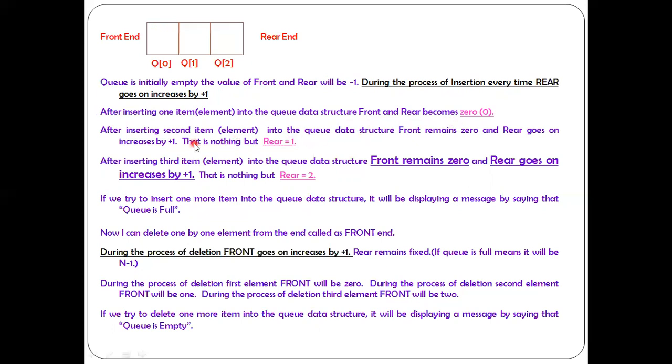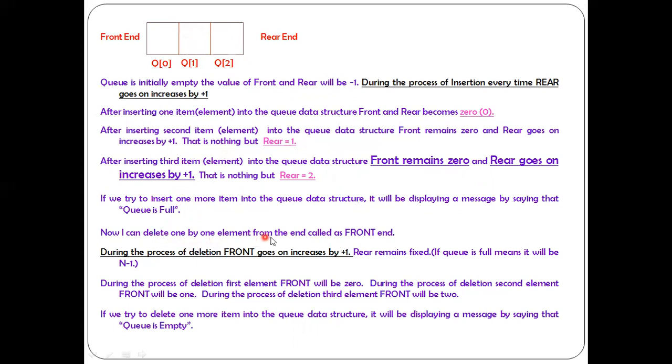Next, after inserting a second element, front remains 0 and rear increases by +1. Again, if you try to insert one more item, rear becomes 2. Front remains 0, rear goes on increasing. This happens in NQ. If we try to insert one more item, because the maximum size of Q is 3, it will display a message saying that Q is full.